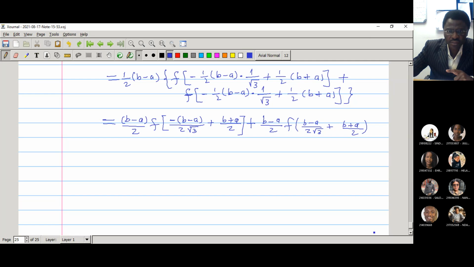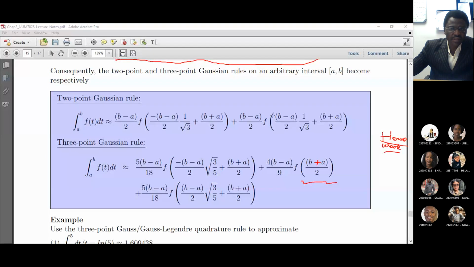Let me share the note. So you see that it's the same thing. You have (b minus a) by 2, then minus (b minus a) by 2 square root of 3, and then (b plus a) by 2. And then you repeat the same thing, but without the negative here. It's exactly the same thing. So that's how you substitute.